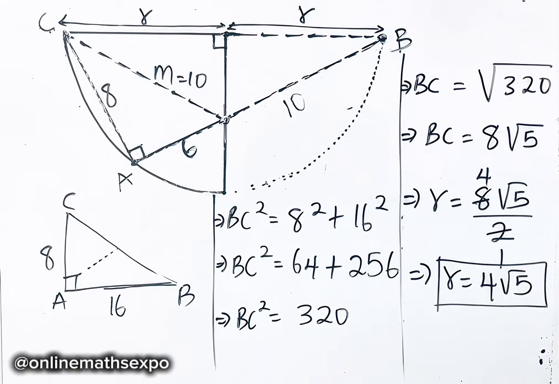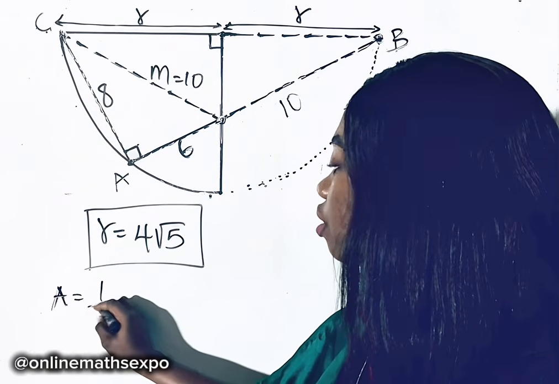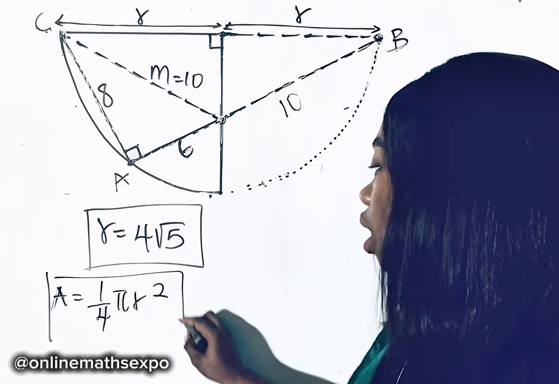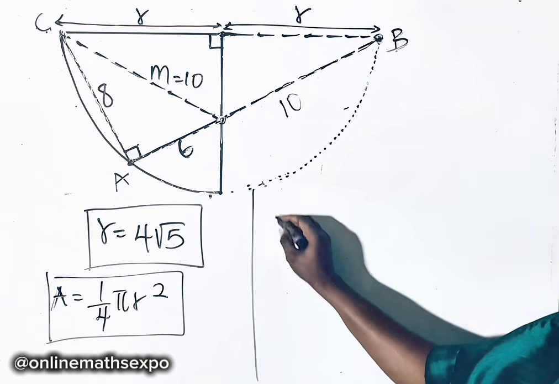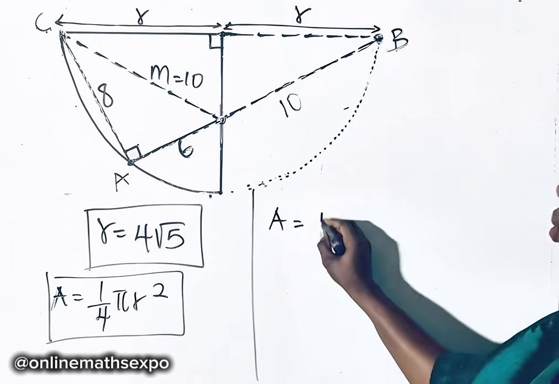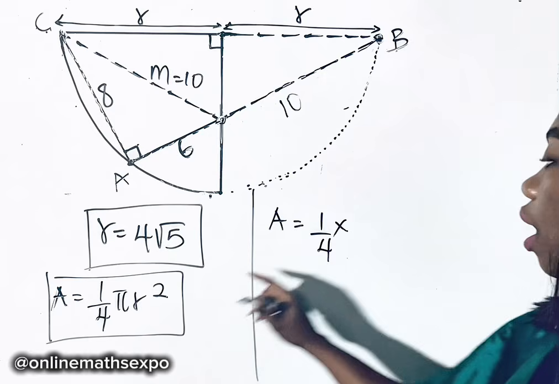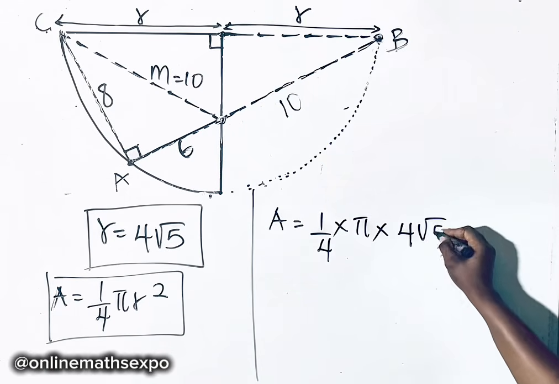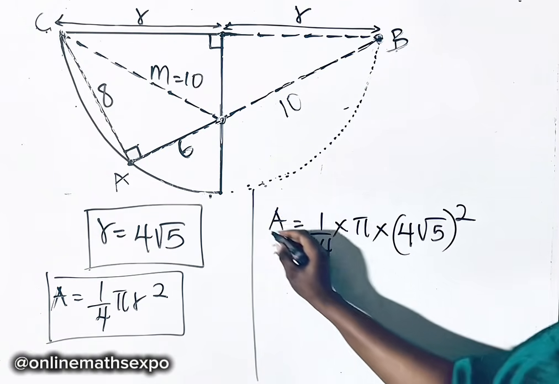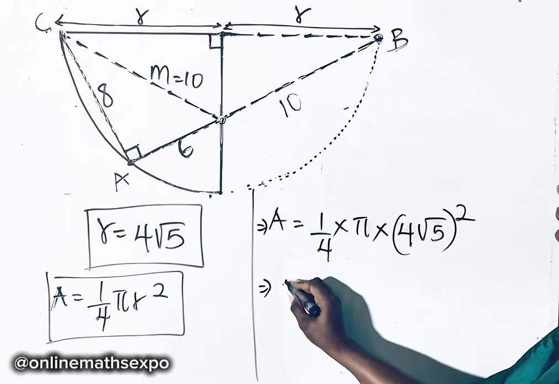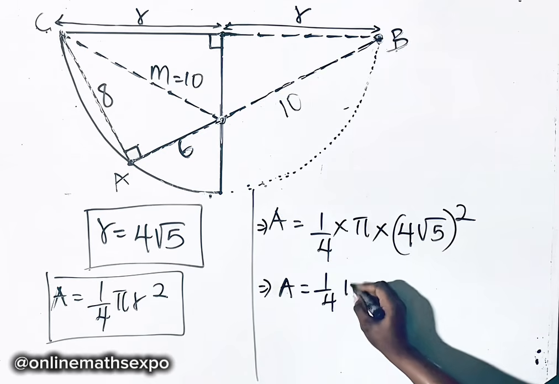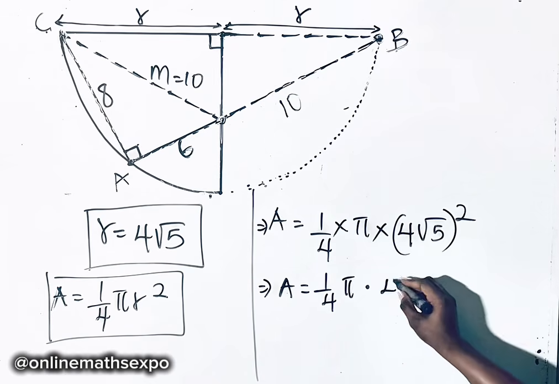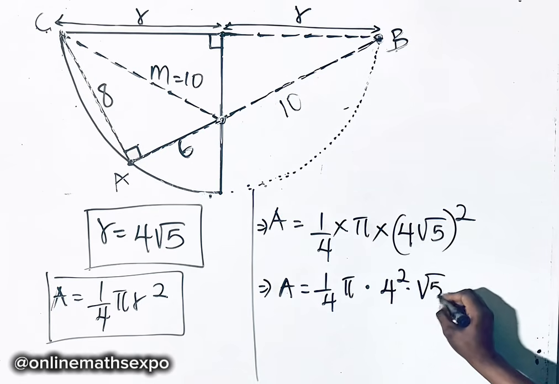Let's do that together. To find the area, we said area is 1/4 pi r squared. So working it out, we are going to now have area is equal to 1/4 times pi times our radius, which is 4 root 5, squared. So let's simplify this. When you have this squared, it means 4 will be squared and root 5 will be squared.